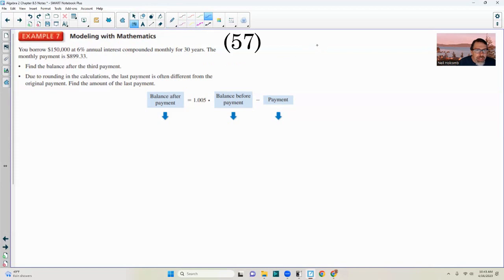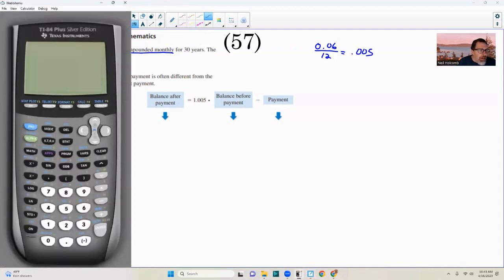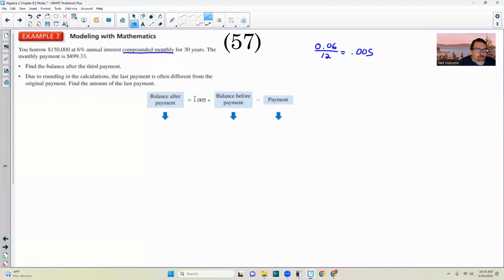So 6% is 0.06, but we are compounding monthly. So if we divide that by 12, we get 0.005. And I can show you that in the calculator. So it is 0.06 divided by 12. And it's 0.005.